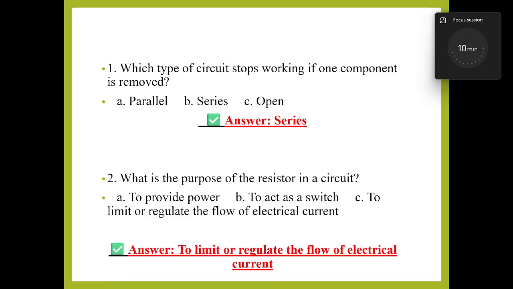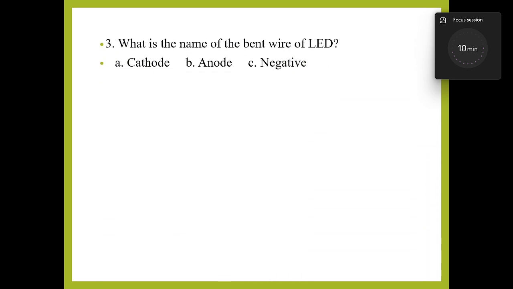So the answer is C, to limit or regulate the flow of electric current. Third question. What is the name of the bent wire of LED? Just now we have seen the screenshot of Tinkercad where the option given here is cathode.